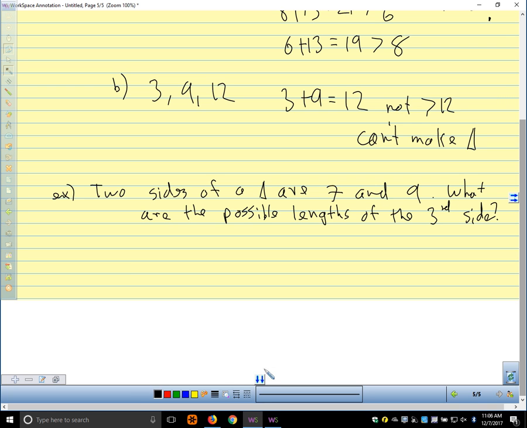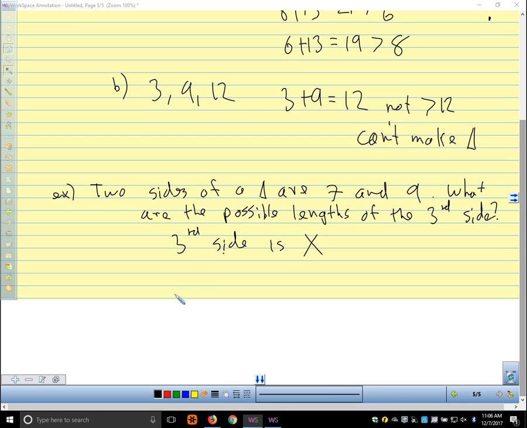Well, in math, when we don't know what something is, what do we like to call it? X. So let's say the third side is X. And we're going to use the triangle inequality theorem with 7, 9, and X, just like we did in the example before.